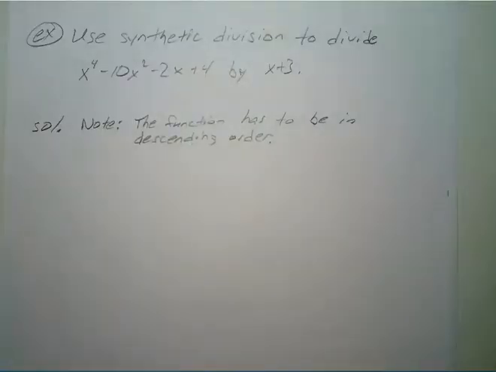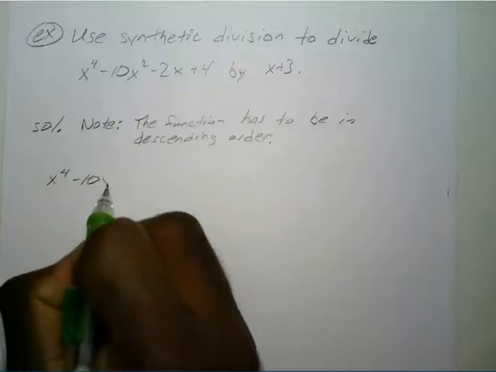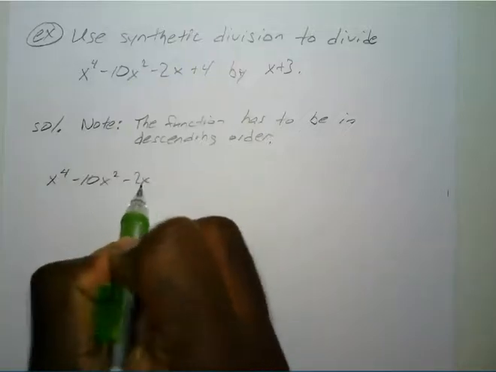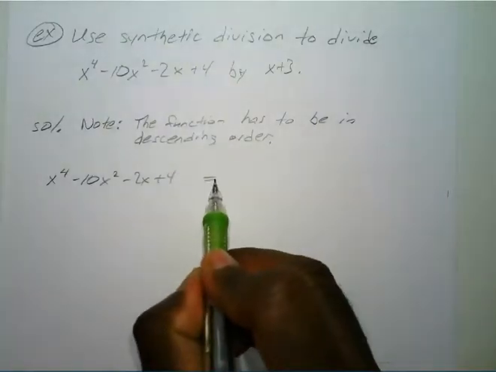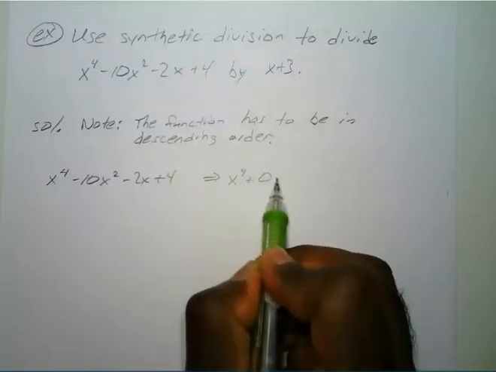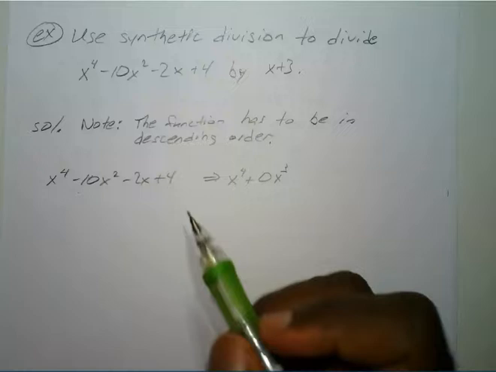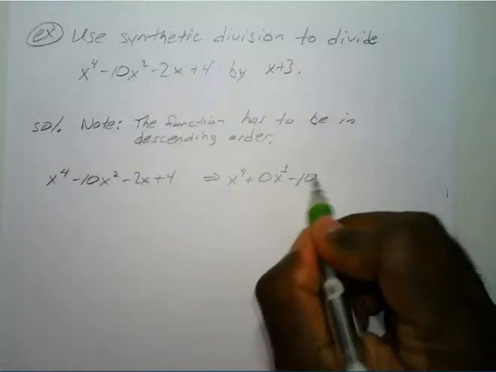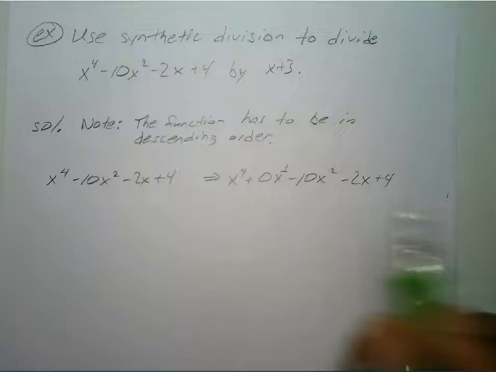All right, so that means x to the fourth minus 10x squared minus 2x plus 4, you're going to rewrite as x to the fourth power plus 0x to the third power. See, there's no x to the third power here. Minus 10x squared minus 2x plus 4.